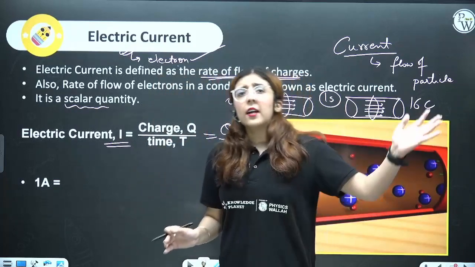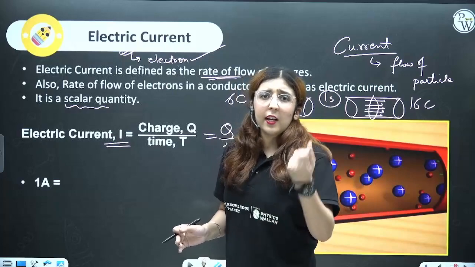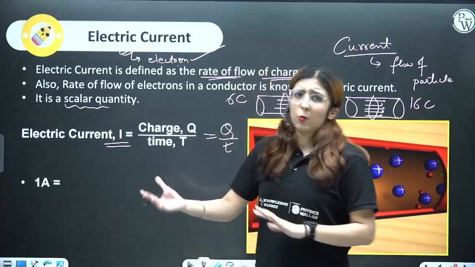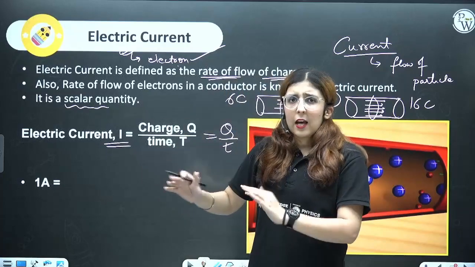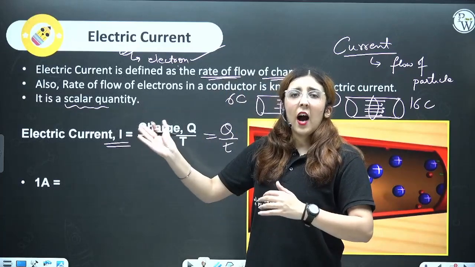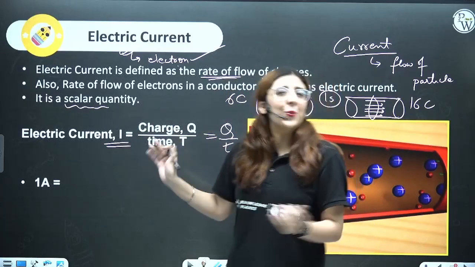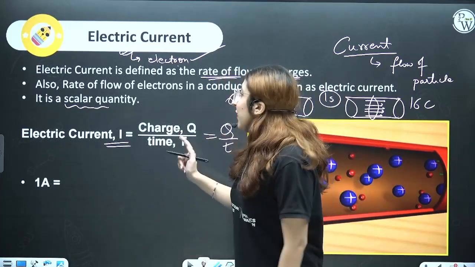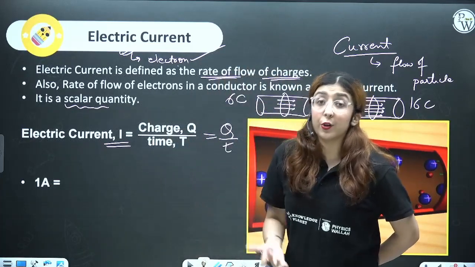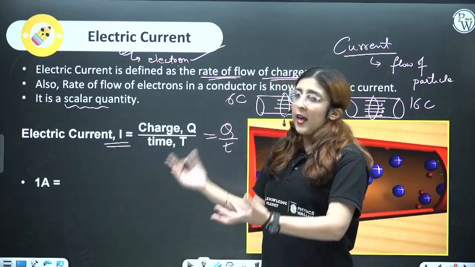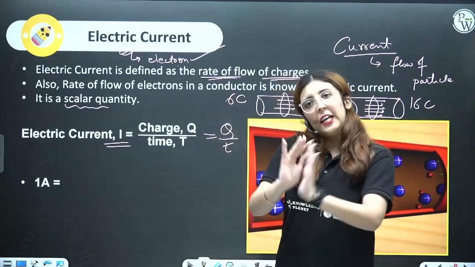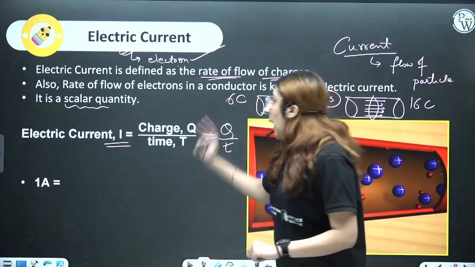In your higher standards you are going to understand that electric current is nothing but a tensor quantity. We are going to discuss that in some other class, because then we are going to take the other road. We are not going to do that. So till your standard you are going to say electric current is a scalar quantity, no direction important, only magnitude enough.